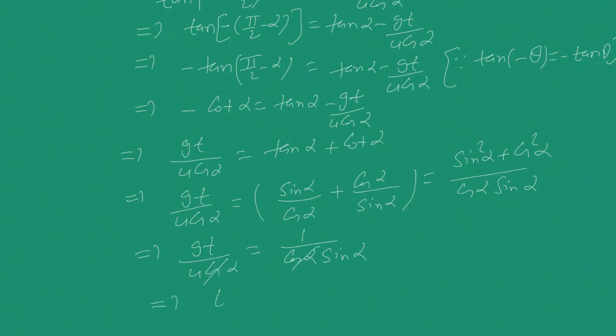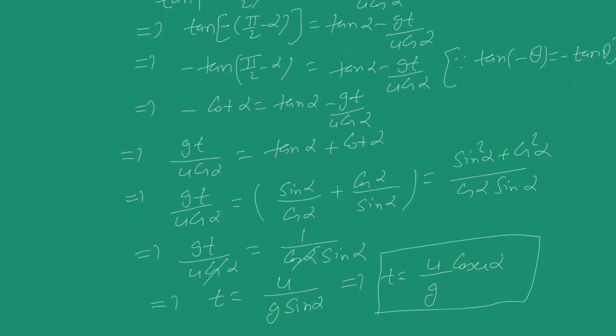This implies that t is equal to u by g sin alpha, which means t is equal to u by g cosecant alpha. This is the time taken by the velocity vector to become perpendicular to the velocity vector at point P. So this much time is taken.